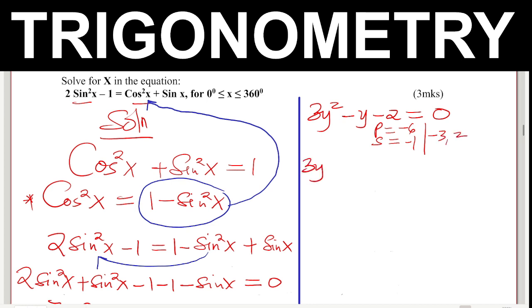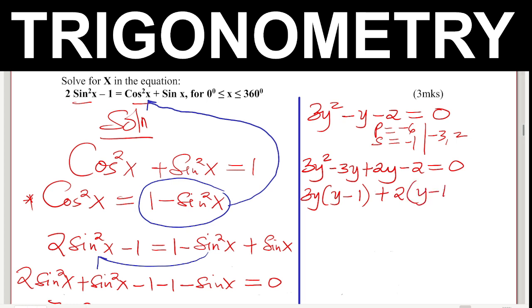So 3y squared minus 3y plus 2y minus 2 is equal to 0. Factor out 3y, which is common, so you remain with y minus 1. Plus 2 is common, y minus 1 is equal to 0. So you'll have (3y plus 2)(y minus 1) is equal to 0.